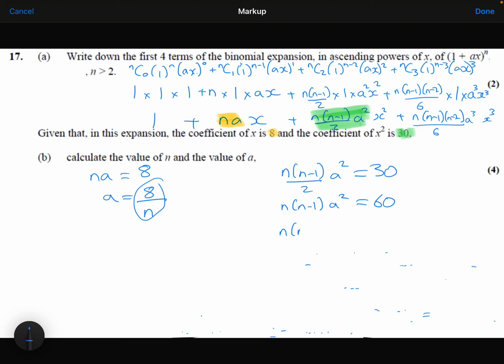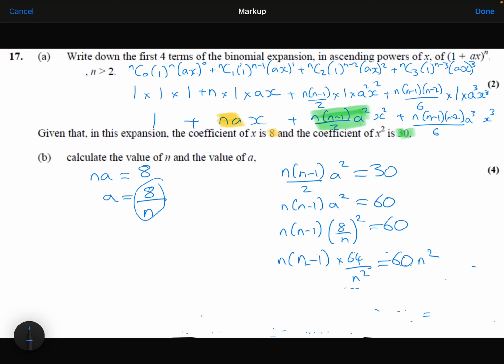So I'll get n times (n minus 1) times (8 over n) all squared equals 60. So n times (n minus 1) times 64 over n squared equals 60.